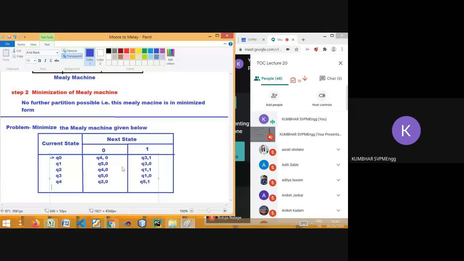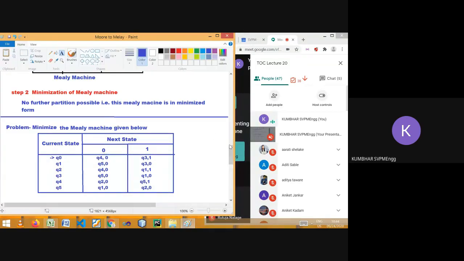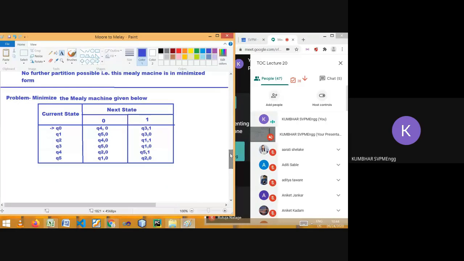And the last state, Q5, after reading 0 goes to Q1 with output 0, and after reading 1 it goes to Q2 with output 0. So this is the given Mealy machine.